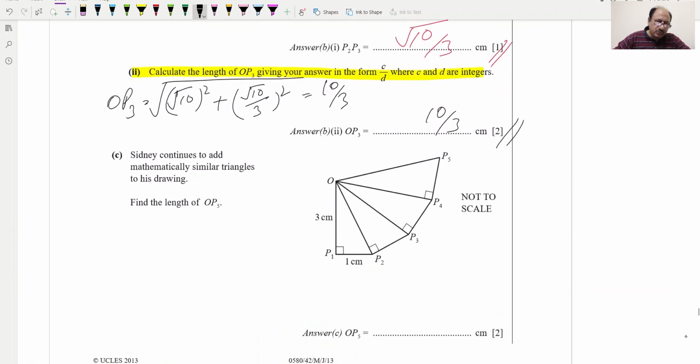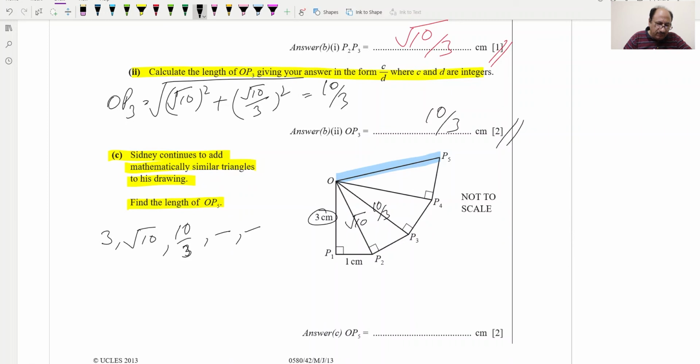Sydney continues to add mathematically similar triangles to his drawing. Find OP5. OP5 is this one. So our sequence is what? First one is 3. Next is under root 10, and next is 10 over 3, and so on, it is continuing.